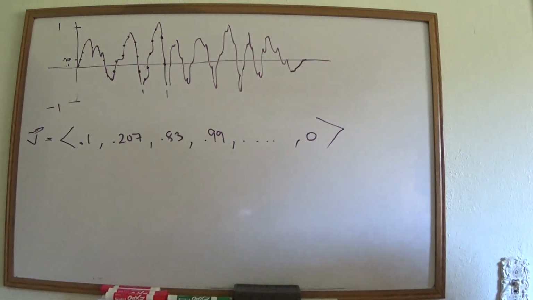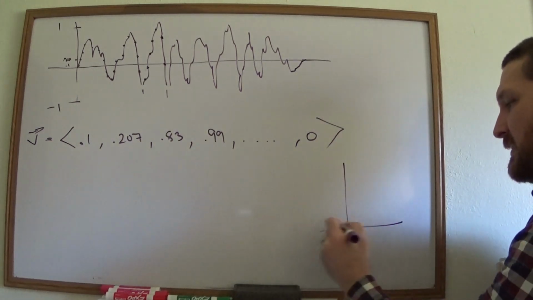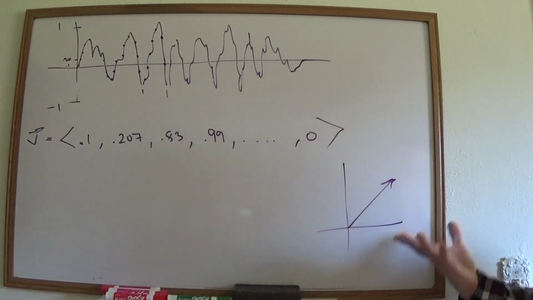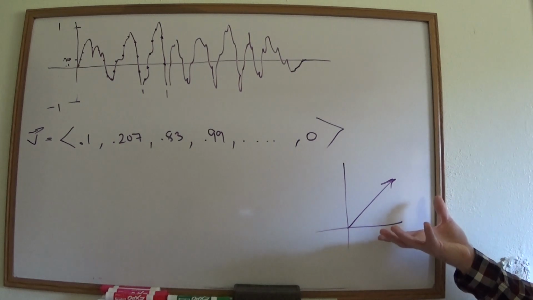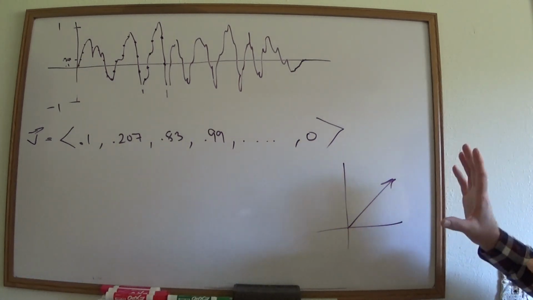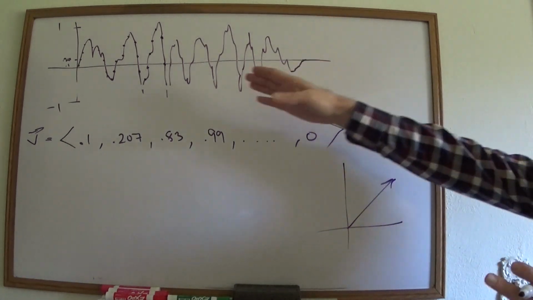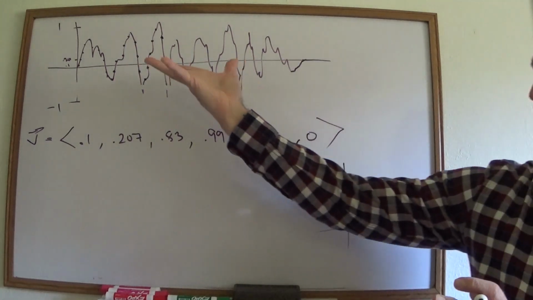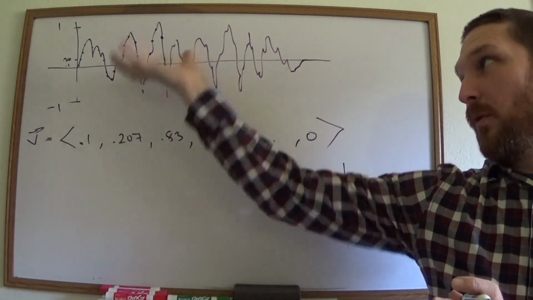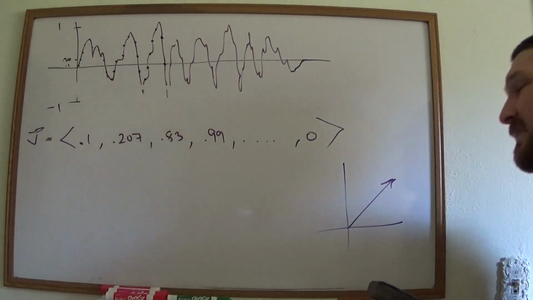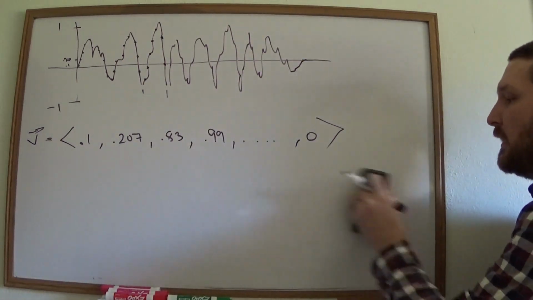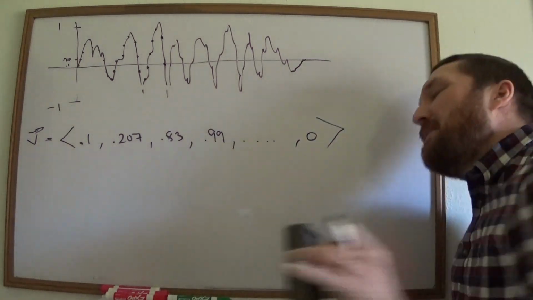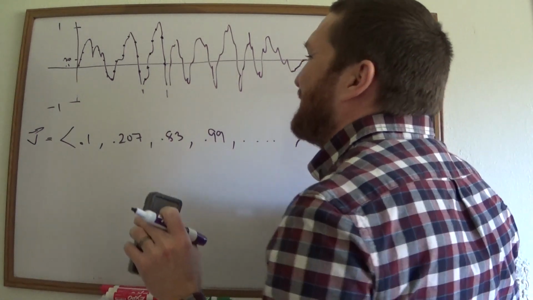So sometimes you could think of a vector as a thing pointing in a certain direction that has components, but that's not the only way to think about vectors. It could be just a string of values sampled from a seismogram, or Beethoven's Ninth Symphony, or his Fifth Symphony, not as good as his Ninth, but that's debatable. We'll get into that another time.